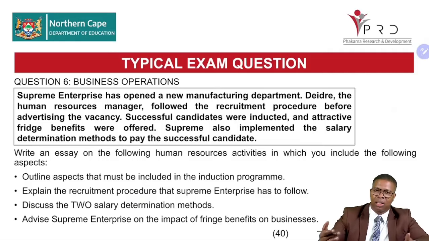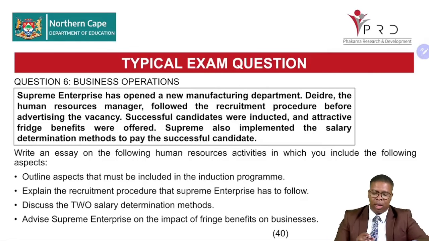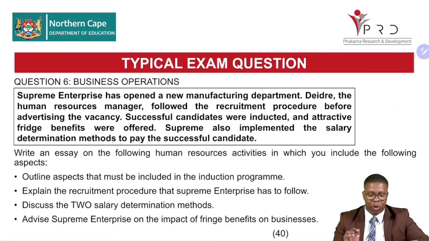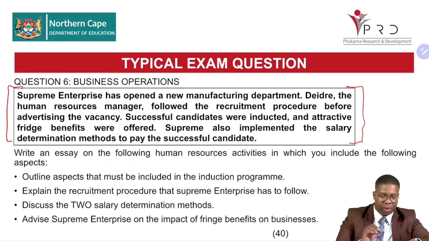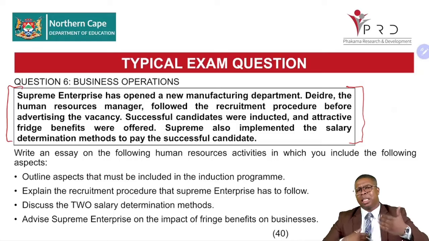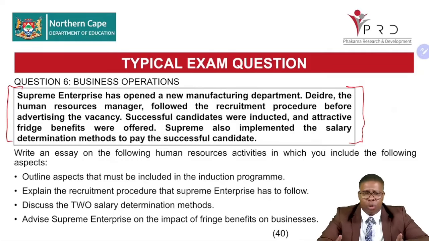As we move on, we look into a typical exam question. What has been assessed in the past papers? Now, you have question 6, which will assess business operations. You have this box here. We call this box a preamble. A preamble is just giving you an idea of what the essay you are going to be writing is about.